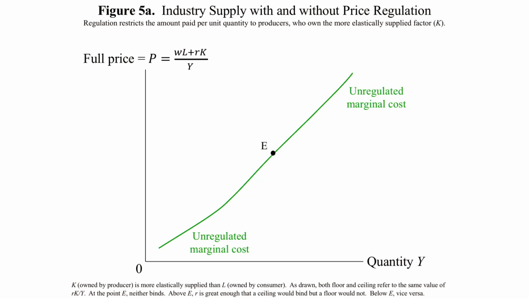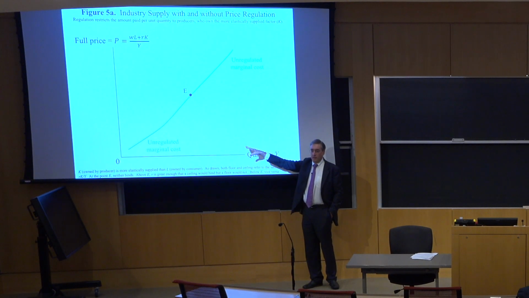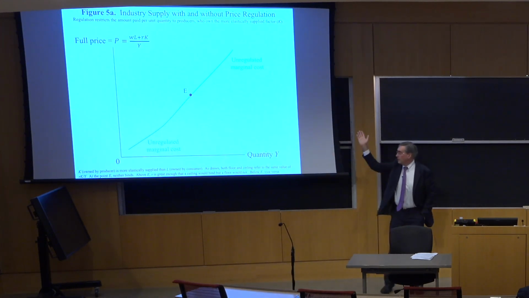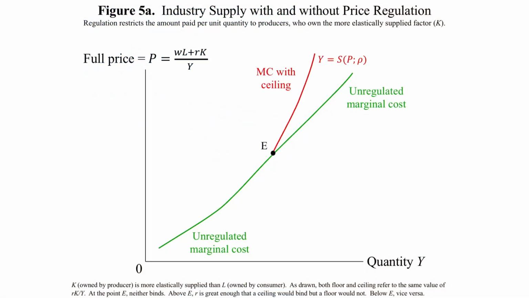The government has said RK over Y has to be $1 per dozen eggs. Now there's some point on the unregulated market supply curve where $1 is the equilibrium price. So it has no effect there, of course. But if the market wanted some price either above or below that $1 per dozen eggs, then we're going to get a different cost curve. If the market wants a price above that, in other words, we're dealing with the ceiling, then the marginal cost is shifted up, and vice versa below.